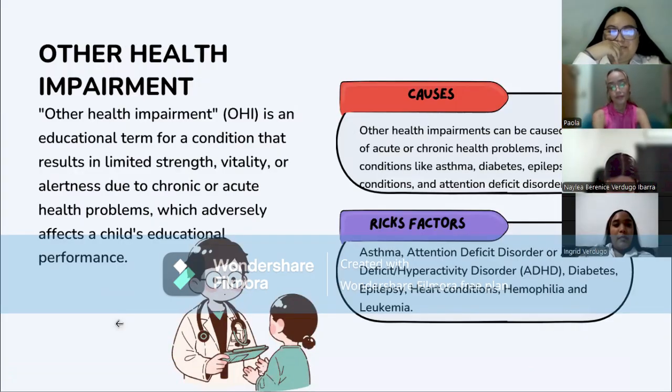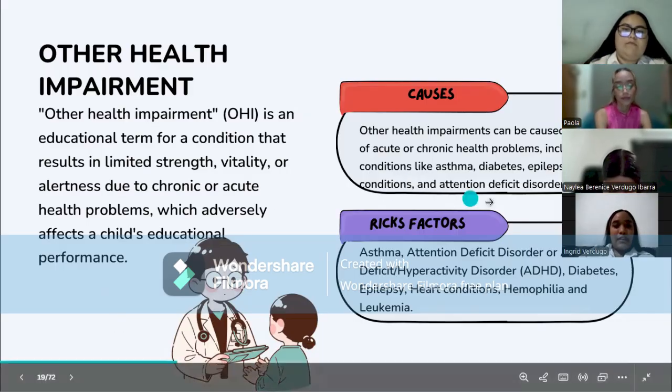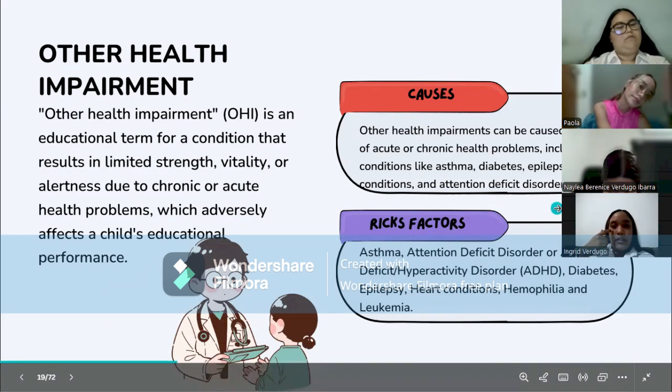Other health impairment. Other health impairment is an educational term for a condition that results in limited strength, vitality, or alertness due to chronic or acute health problems, which adversely affects a child's educational performance.